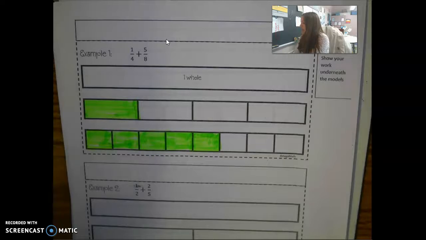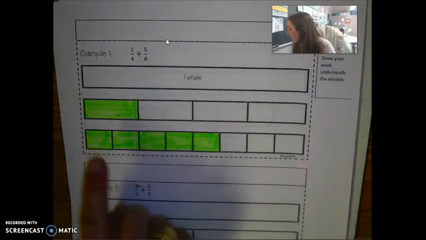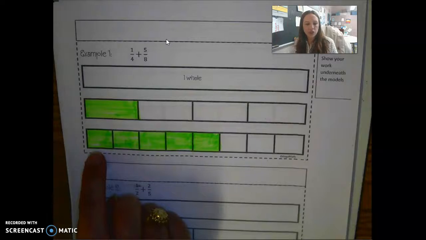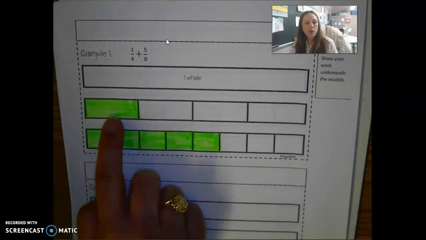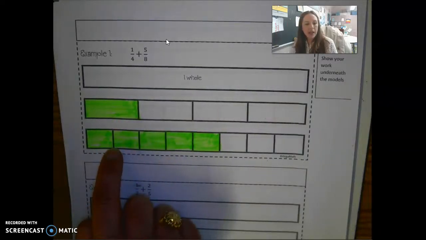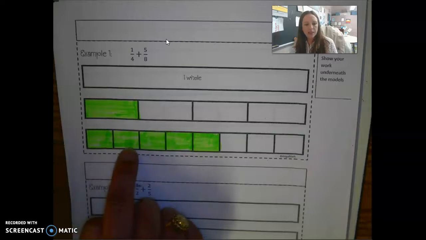What would our sum be? Well, I can see here from my fraction strips that 1/4 is the same as 2/8.